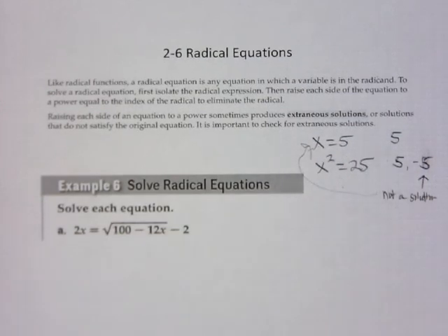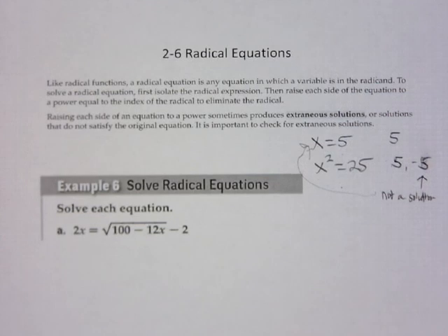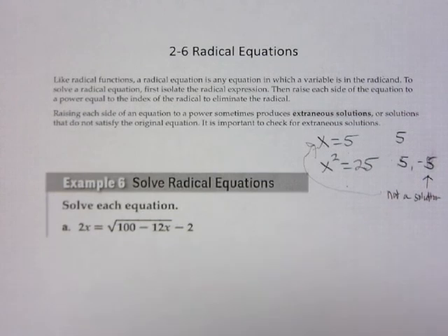So again, when you raise both sides of an equation to a power, or if you're solving absolute value equations, you have introduced the possibility of getting an extraneous solution. So anytime you're doing that, you've got to go back and check all the solutions that you get, because there may be some that you have to throw out that are not solutions to the original equation.